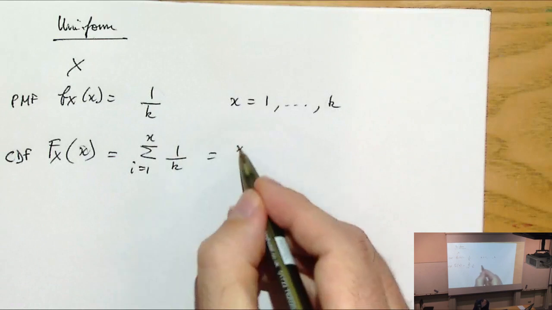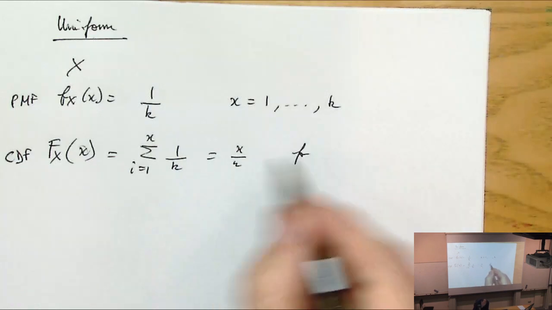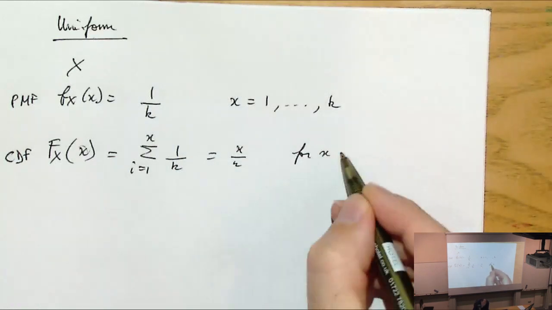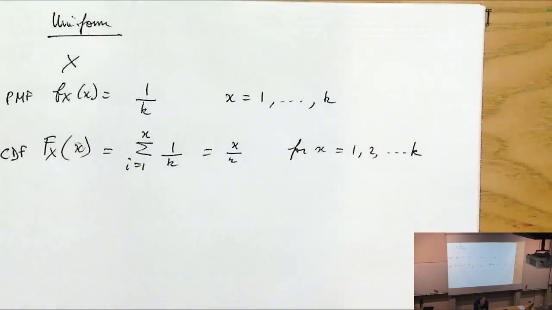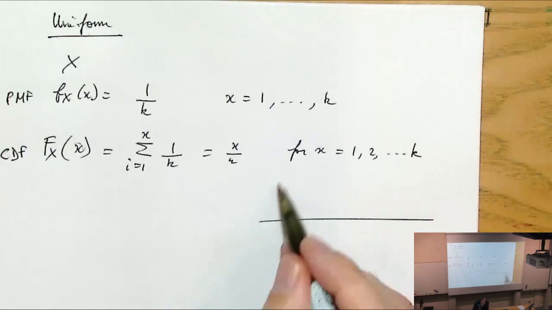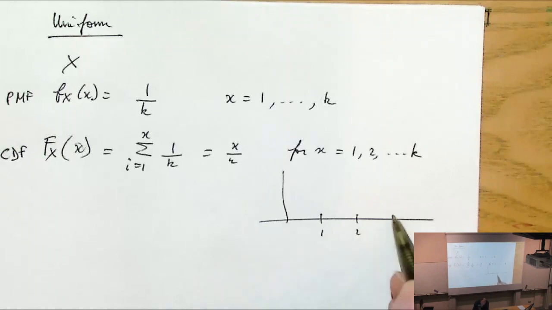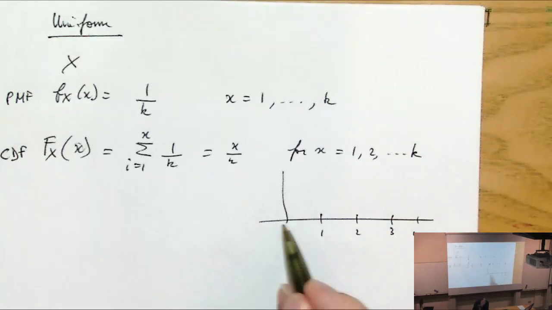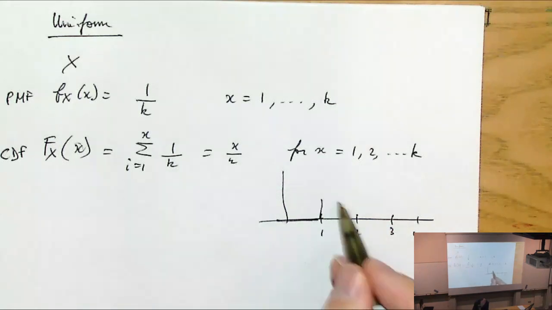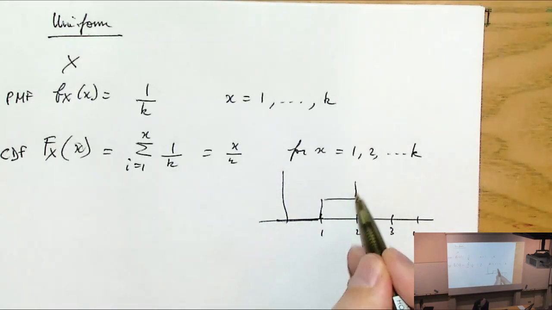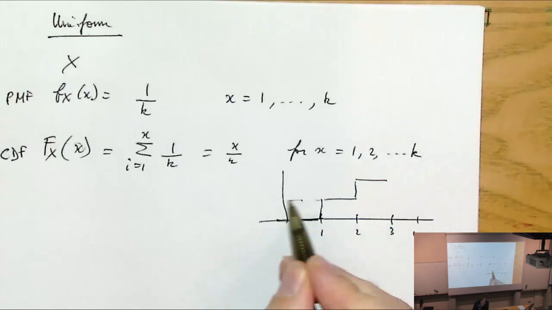So this is x/k for x equal to 1 all the way to k, right? So here, indeed, you get the staircase like this. We have 1, 2, 3, 4, and so on. You have 0 here. At 1, it becomes 1/k, then becomes 2/k, and 3/k, and so on.